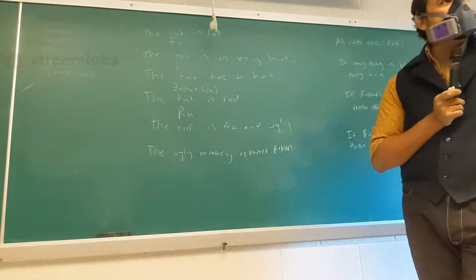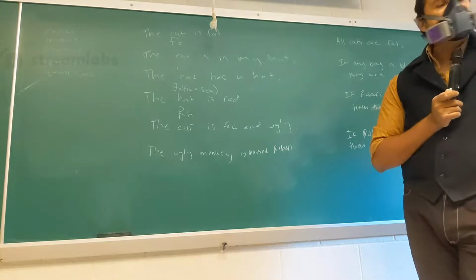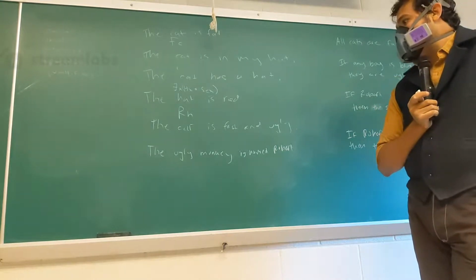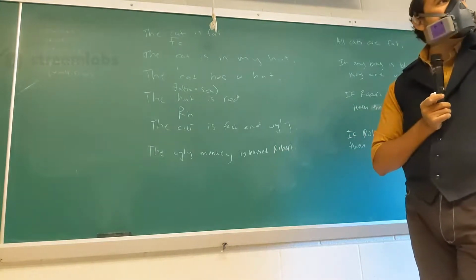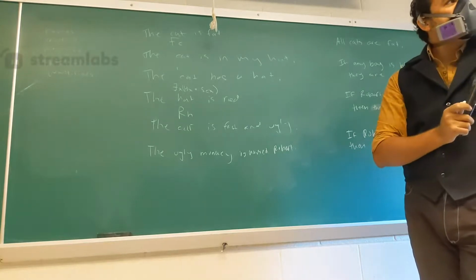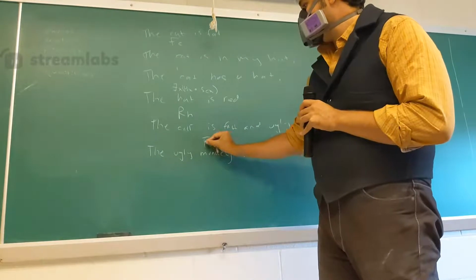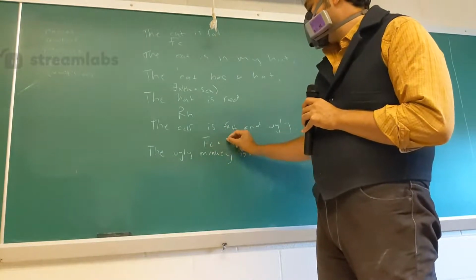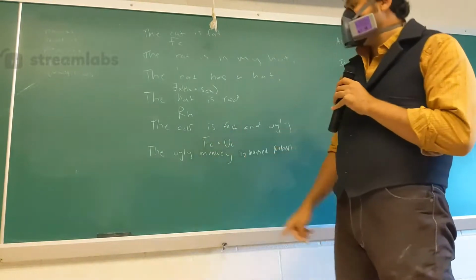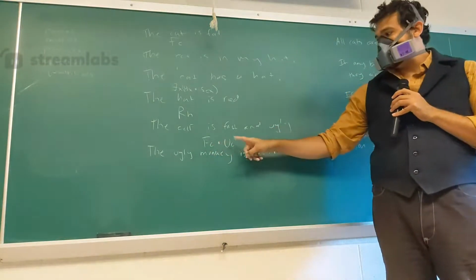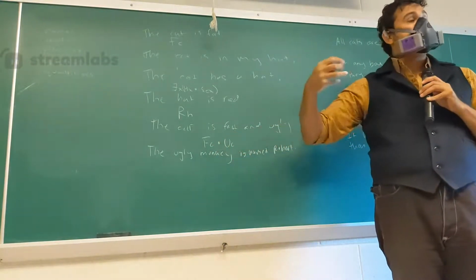How can I symbolize that? It would be capital F, fast, and capital U, and then lowercase c. Good. C is fast and C is ugly, where c is this particular car.